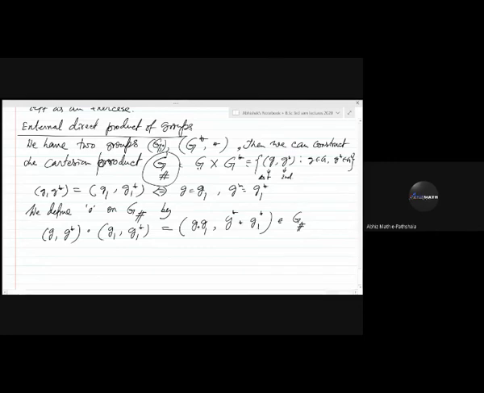And since G and G star form a group, they satisfy associativity. G sharp will inherit this associativity from G and G star. That means since G and G star satisfy associativity with respect to their respective operations, so does the set G sharp with respect to this circle. Now note that G sharp circle is associative.